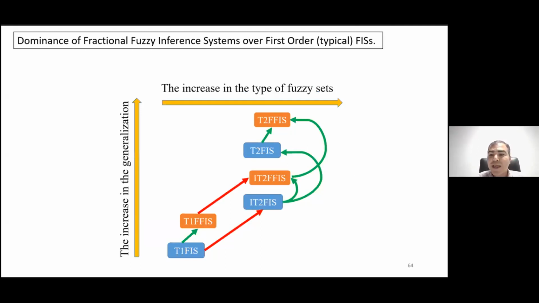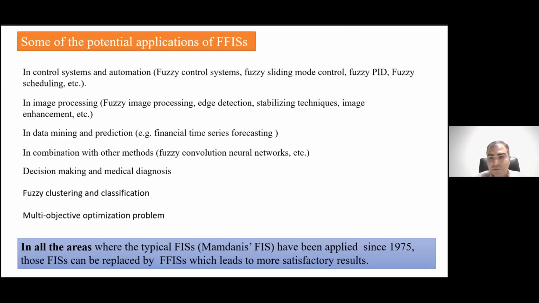Eventually, it turns out that fractional fuzzy inference systems are able to dominate over first order or typical fuzzy inference systems. On the basis of the aforementioned explanations, the applications of fractional fuzzy inference systems cover all the areas in which typical fuzzy inference systems have already been applied, and yet go beyond them.